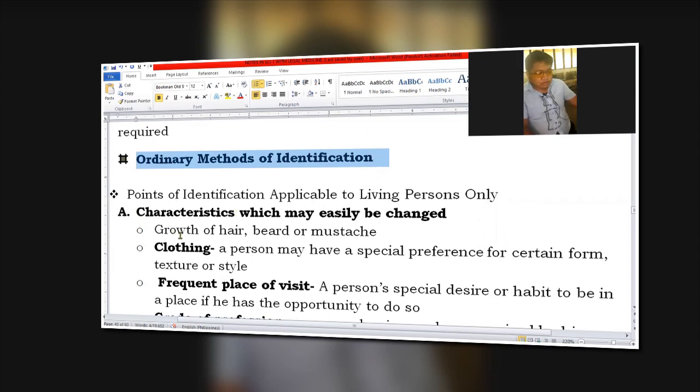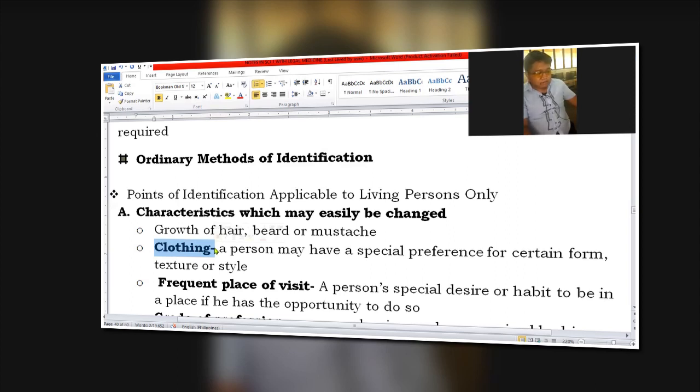Growth of hair, that can be changed. Beard or mustache, of course. If his hair was long before and now he has had a haircut, then basically it changes the identification. That is why sometimes when the suspect gets a haircut, it becomes difficult to determine his identity. The same goes for clothing. But mostly, because of CCTV today, by virtue of the clothing, we can establish the suspect.